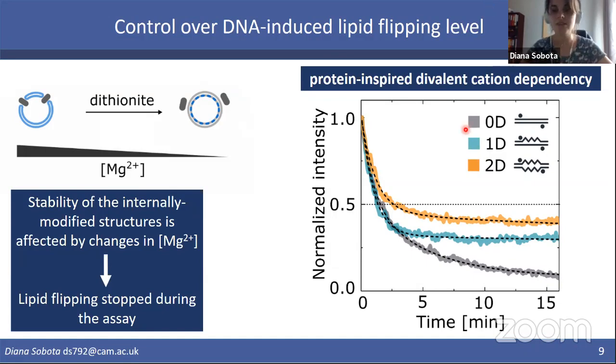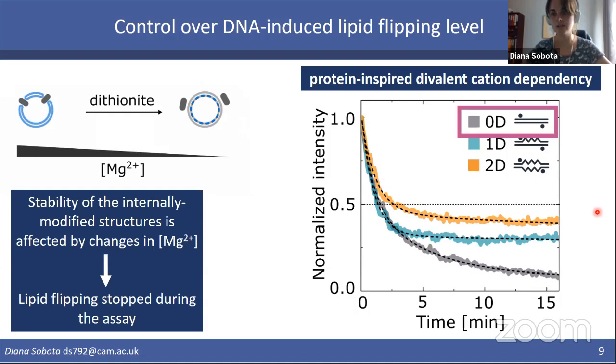You can see already something that I didn't mention, but let's talk about it now: 0D, the unmodified construct that is supposedly stable with the magnesium concentration differences, also does not behave exactly the same as when the magnesium concentration was constant. Why is that? Obviously that was our question. And what other mechanism is playing a role in this whole system?